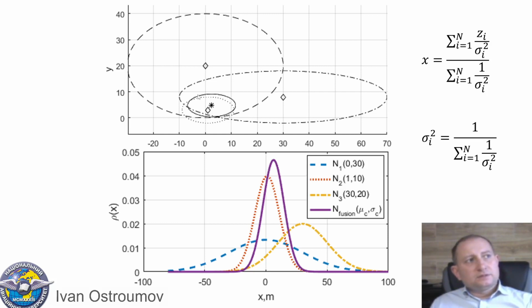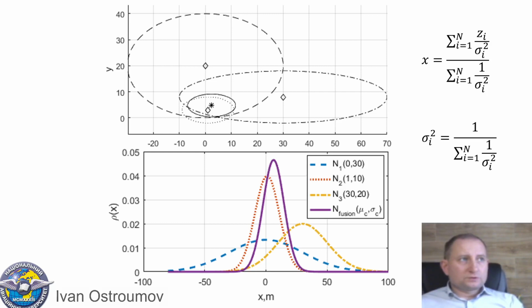That's why this resulting ellipse shows us that we minimize errors, because the final ellipse will be less than all of these ellipses.